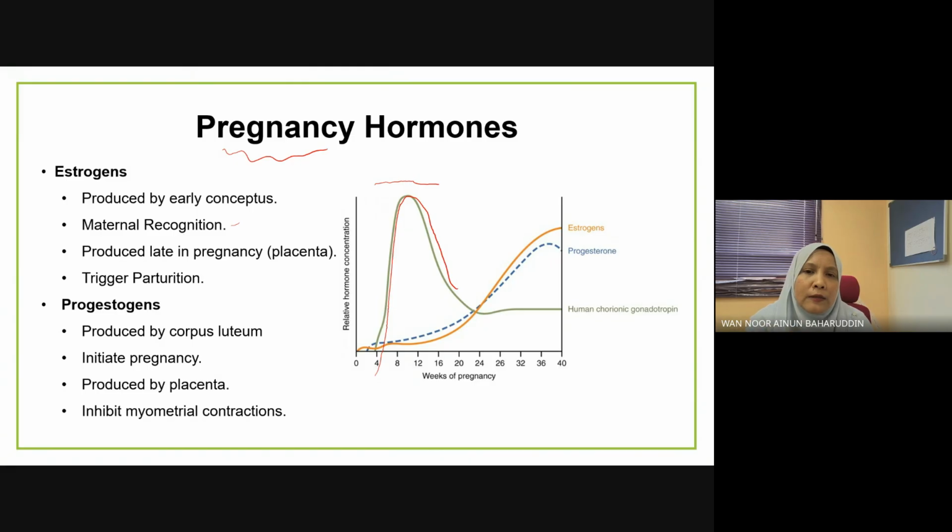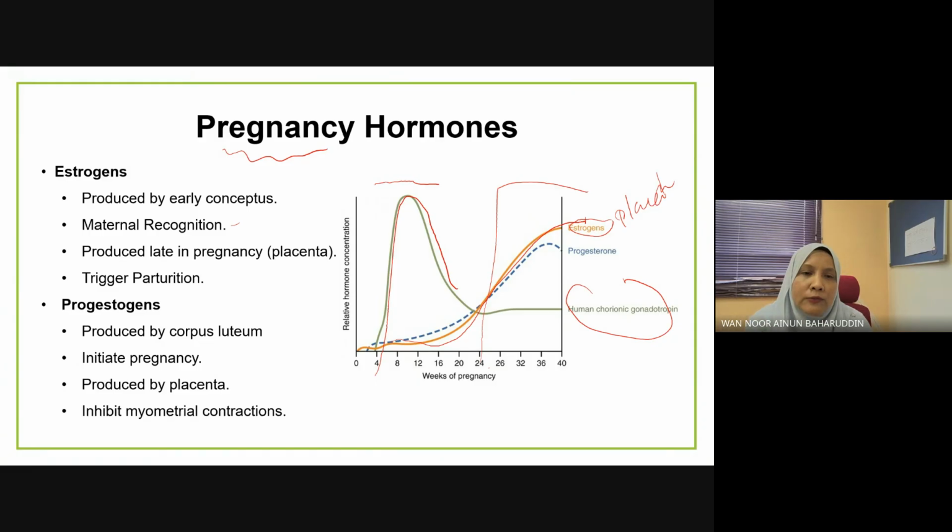The one that surges is HCG. Estrogen is not as much as HCG, but in the later stage, at 24 to 40 weeks, the estrogen is rising because it is produced by the placenta.